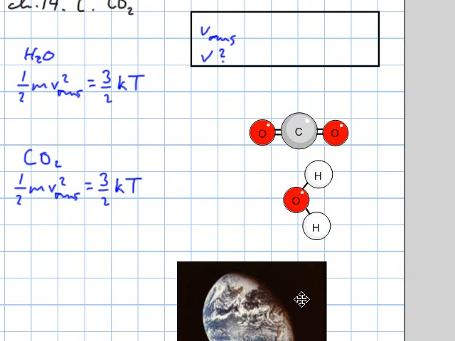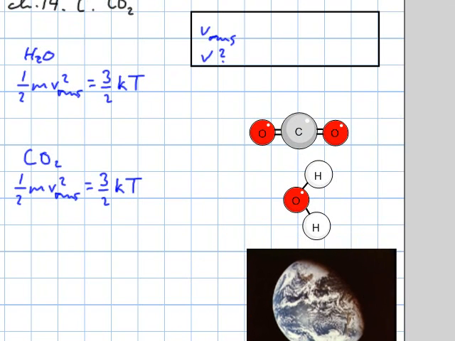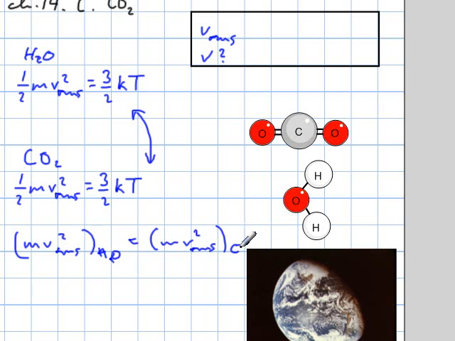Just going to need perhaps a little bit more space. And I set the two equal on the right hand side because it says it's the same temperature, and therefore I'm going to come up with m VRMS squared for the H2O equals m VRMS squared, with very bad handwriting, for the CO2.